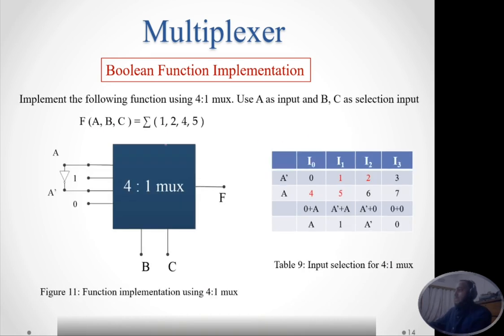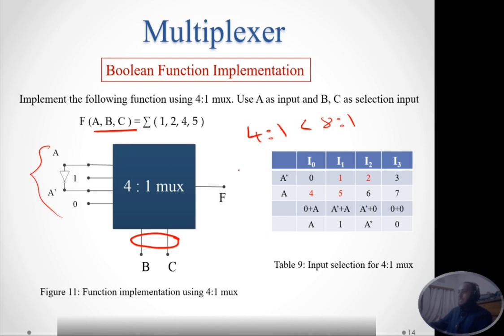We can implement any 3 input function using a 4:1 mux also, and in that case we will require less number of gates because we know we will need less number of gates in case of a 4:1 mux than an 8:1 mux. In a 4:1 mux we have 2 selection inputs, but here we have 3 inputs, so we will use 2 of the 3 inputs as our selection inputs and use the other one as the main inputs of the 4:1 mux.